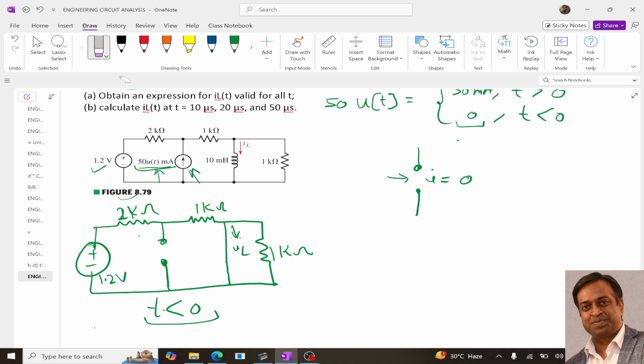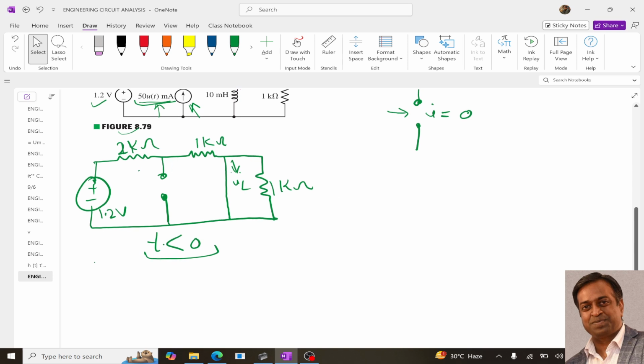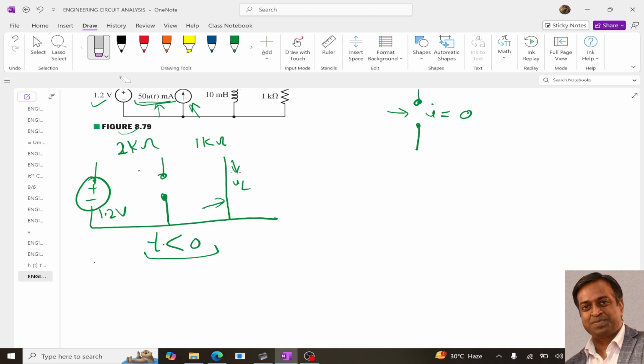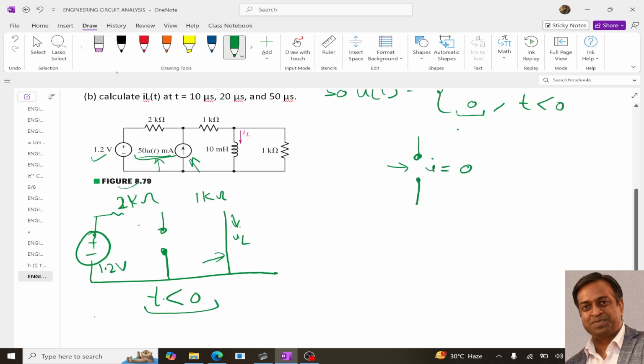Now from this condition, if I try to determine the inductor current, because this is a short circuit, this 1 kilo ohm is short circuited by this wire. I just need to redraw this.